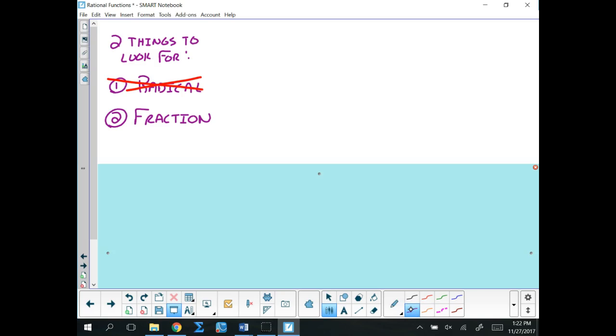That we have to talk about is the domain. You can write it as capital D for domain. How does the domain start? All real numbers.